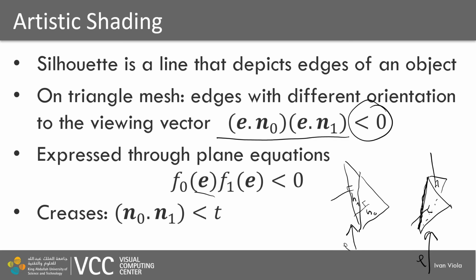So this is the function of an implicit plane where we put the viewing vector, and as this viewing vector is not aligned with the plane, it will result in a non-zero value.